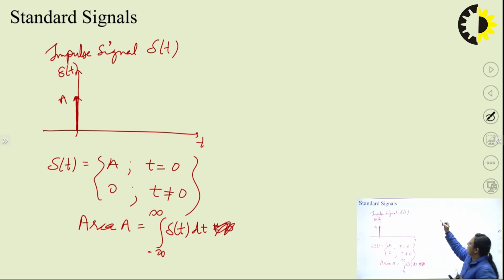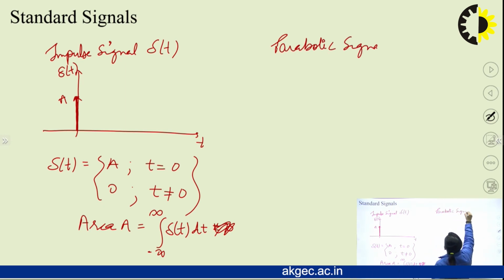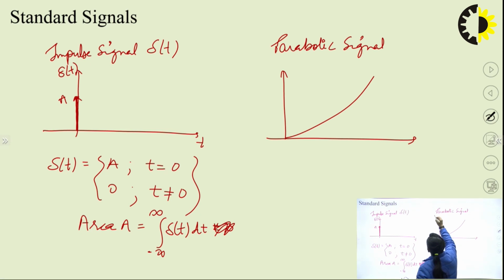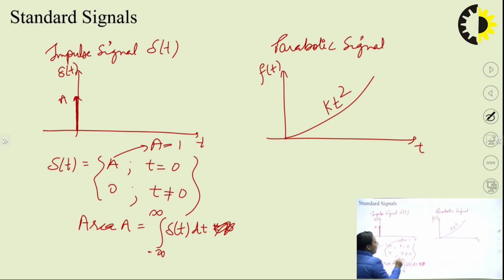And the parabolic signal is represented by this parabola. I will represent it by the function f(t) with respect to time t, and its value is kt squared. In the case of the impulse signal as well, if I am talking about the unit impulse signal, then I can put the value of A equal to 1.